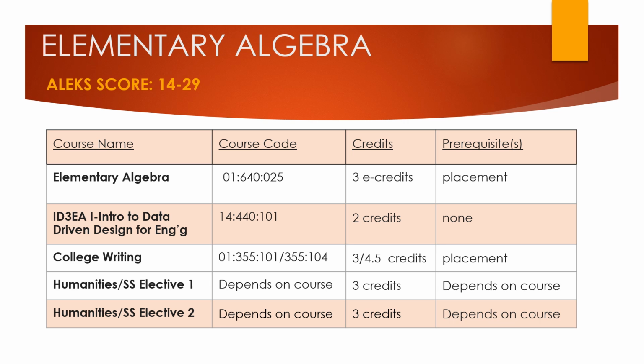The next 3 digits would be the subject. So 640 is math, 440 is general engineering, 355 is English. And then the last 3 digits are the course level.